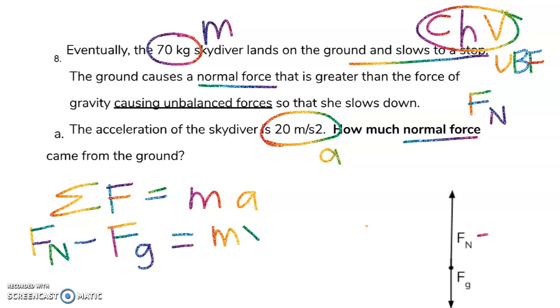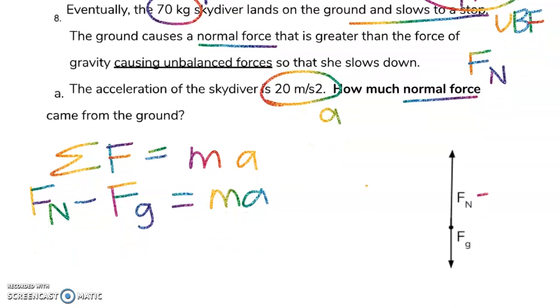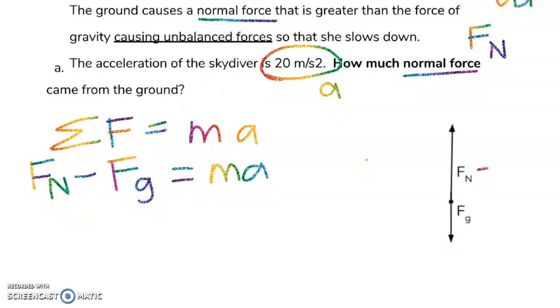So instead of writing mass times acceleration again, actually, I'll just do that and then start to add my numbers. Let me move this down. And I'm trying to find normal force.